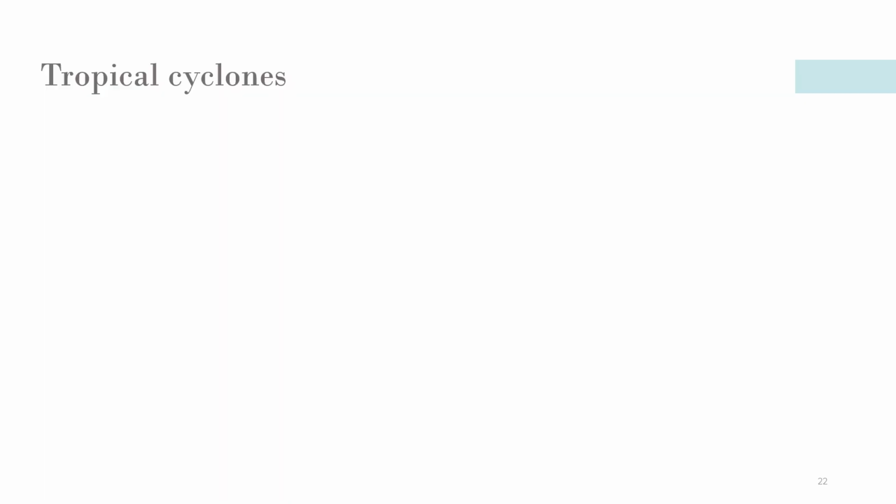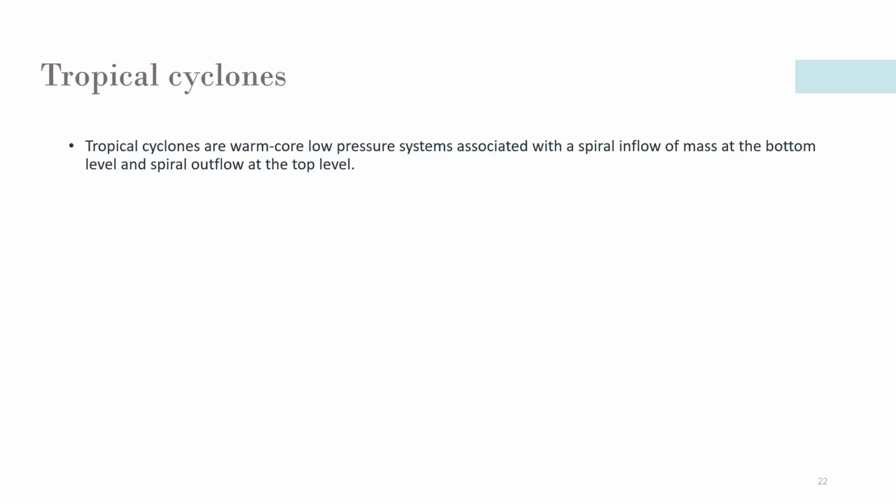Tropical cyclones can only form over oceans of the world, except the South Atlantic Ocean and the Southeastern Pacific, where a tropical cyclone could never form due to the cooler sea surface temperature and higher vertical wind shear.